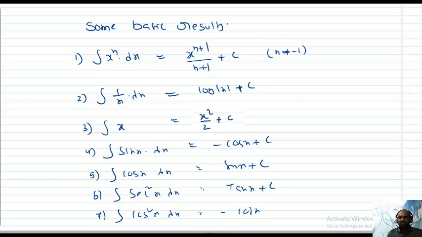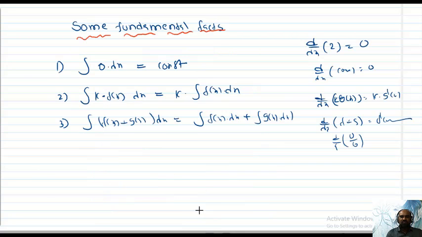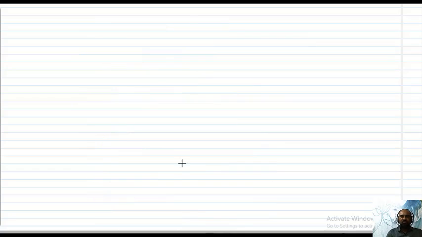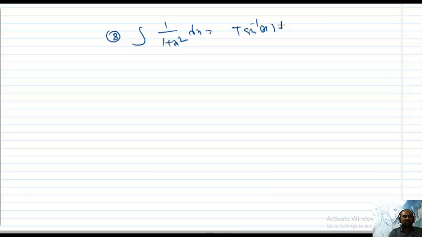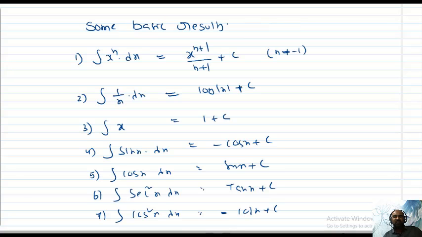Minus cot x plus c. Like that, what is the previous number? 7, 8. Integral of 1 by 1 plus x square dx is tan inverse of x plus c. Like that, you can take some basic results.